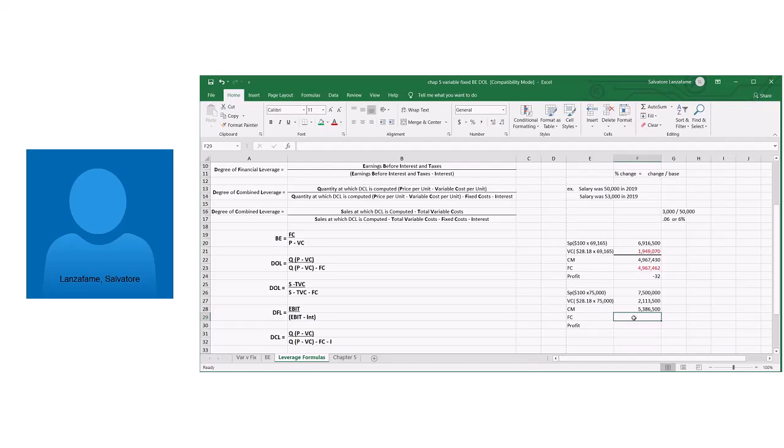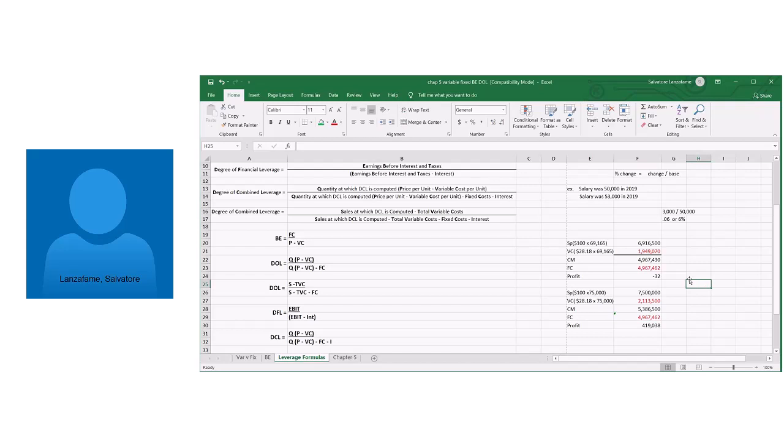My fixed costs are going to remain the same at 4,967,462. And then if I do this math, I get 419,038. Let me make those red.